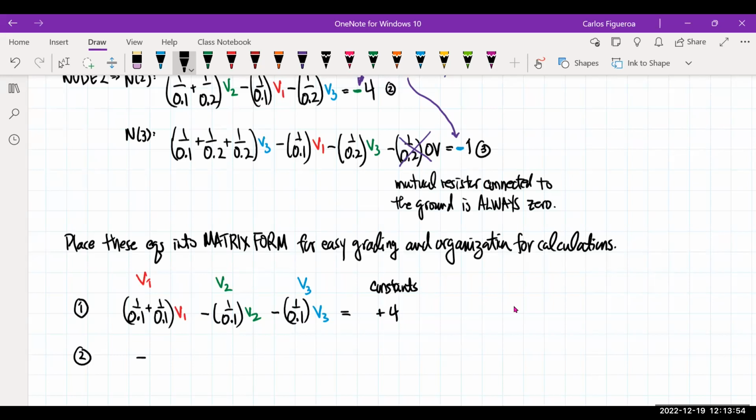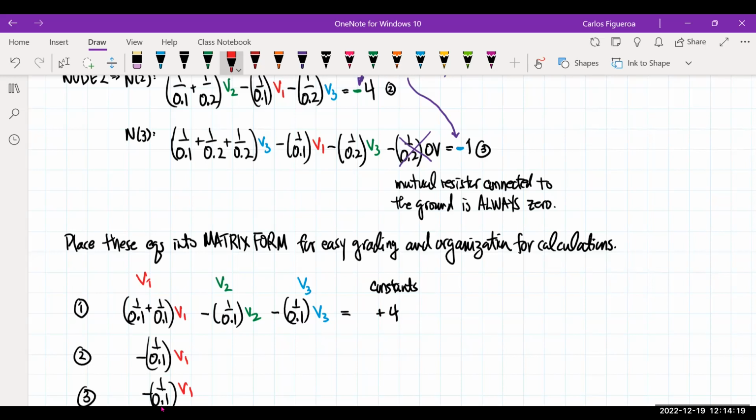So this will be minus 0.1, and this will be V1. And if I look at equation 3, you might get the hint of where I'm going. Look at this red one right here. This is also minus 0.1 for V1. So you're seeing I'm organizing them like this.